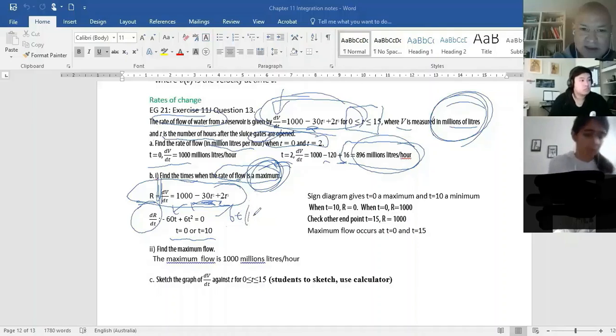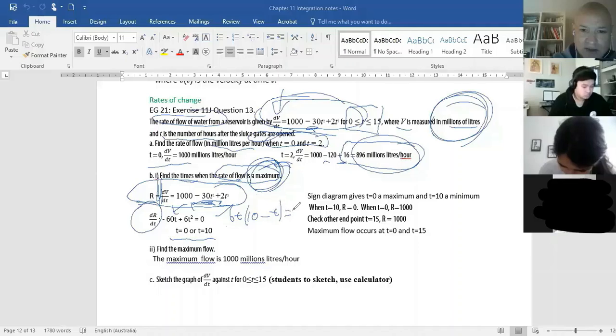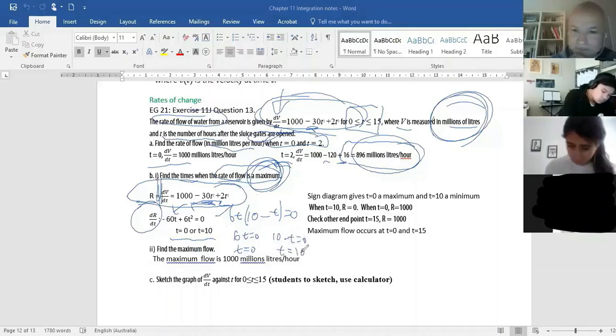This becomes 10 minus t equal to 0. So 6t equals 0, t equals 0. 10 minus t equals 0, t equals 10. That's how we got those answers.